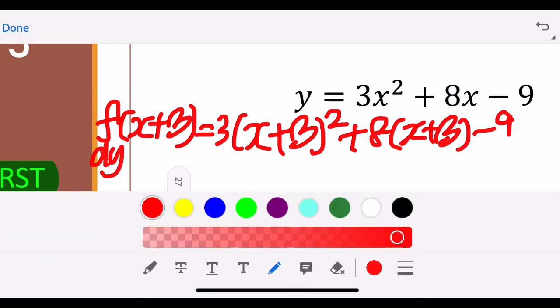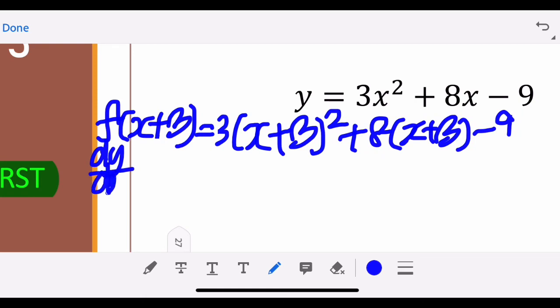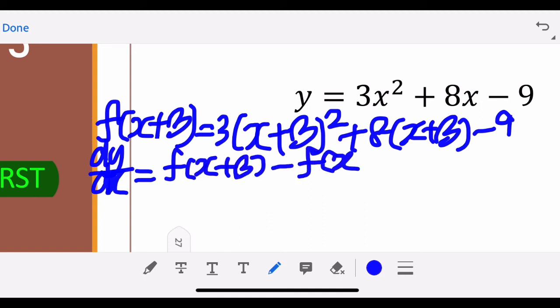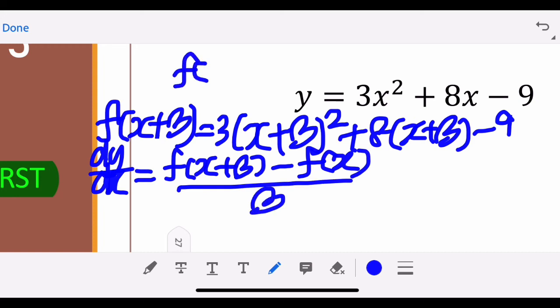So always be careful when you simplify. I will have dy/dx equal to f(x plus delta shape) minus f(x) over the delta shape. Again, I highlight to you, the delta shape is actually delta x.